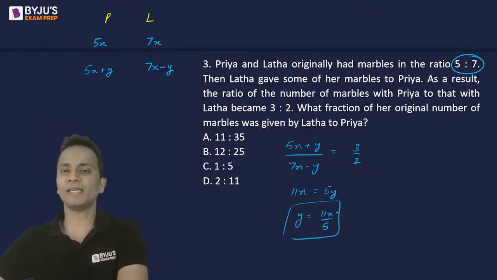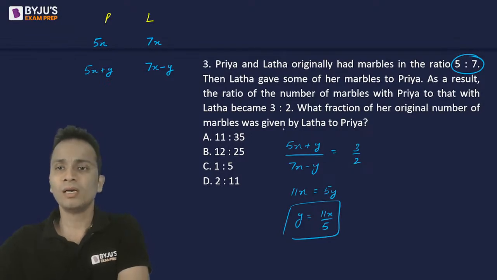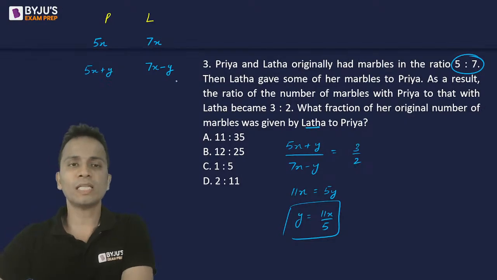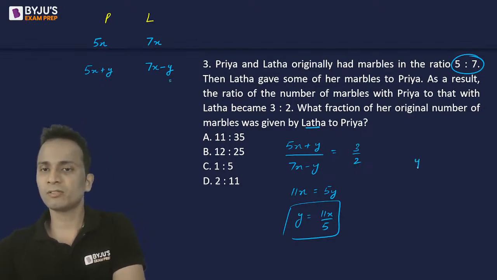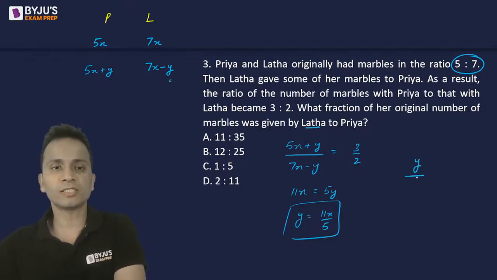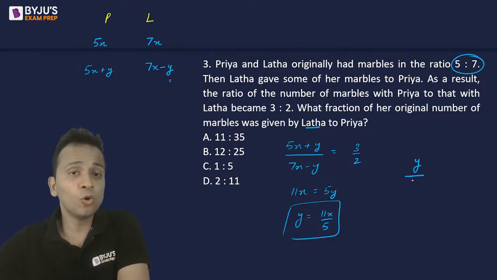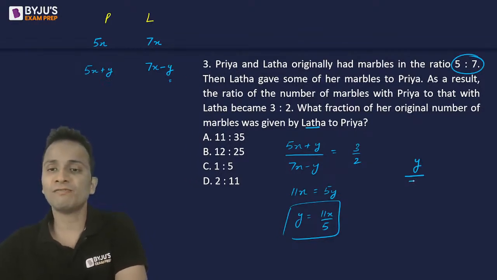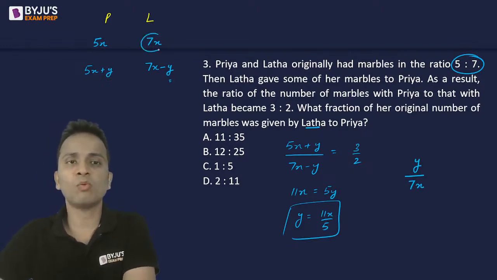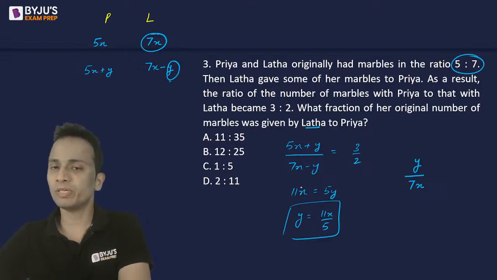Now what do we have to find out? What fraction of her original number of marbles was given by Lata? So Lata has given y marbles, and we want y as a fraction of her original marbles. The original number of marbles with Lata was 7x, and she has given y marbles to Priya.